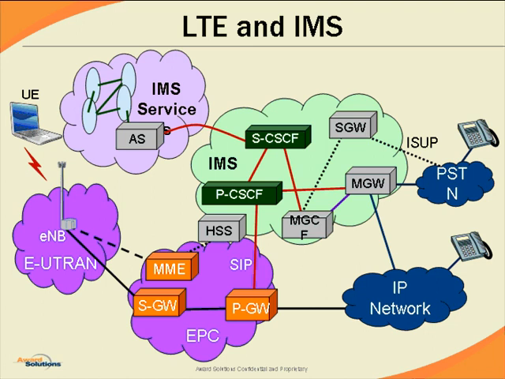Okay, so we have this IMS network that is connecting to our LTE core network. This is EPC, E-UTRAN. So do you remember what happens when you combine E-UTRAN with EPC? What do we call that? The combination of the radio network and the core network. It's a three-letter word.